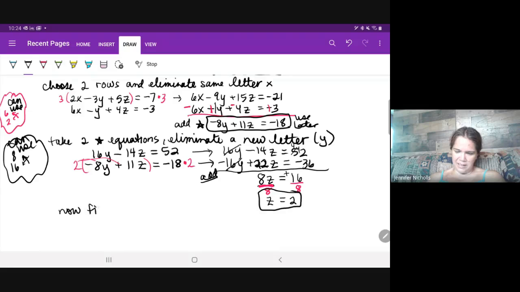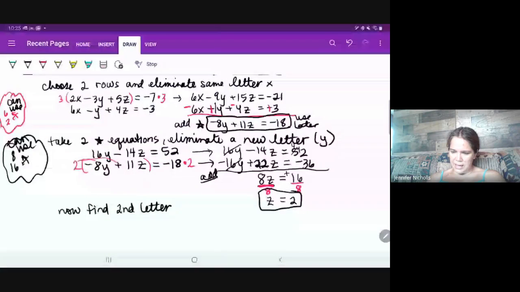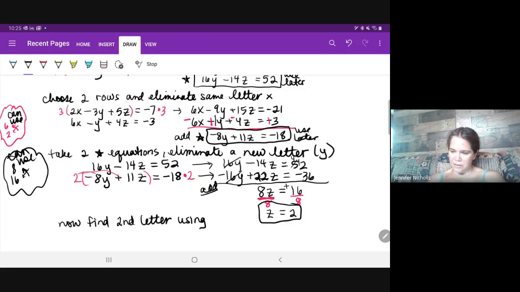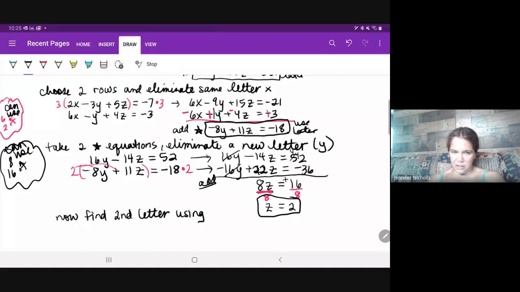Now find, yeah. So now find a second letter using, now I can plug it into the original, but it has too many letters. I need an equation that only has 2 letters. So where should I plug it in? So I agree, plug in 2, but where?